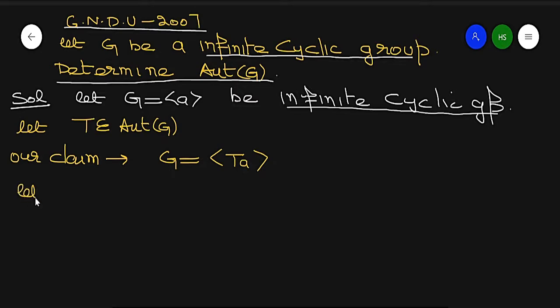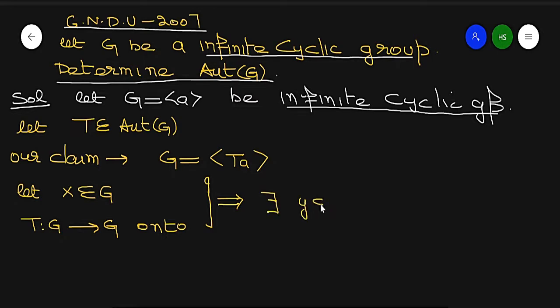So in that case, let X be some element belonging to G, and T maps from G to G. This mapping is onto, so every element has a pre-image. So there exists Y belonging to G such that X is equal to T of Y.